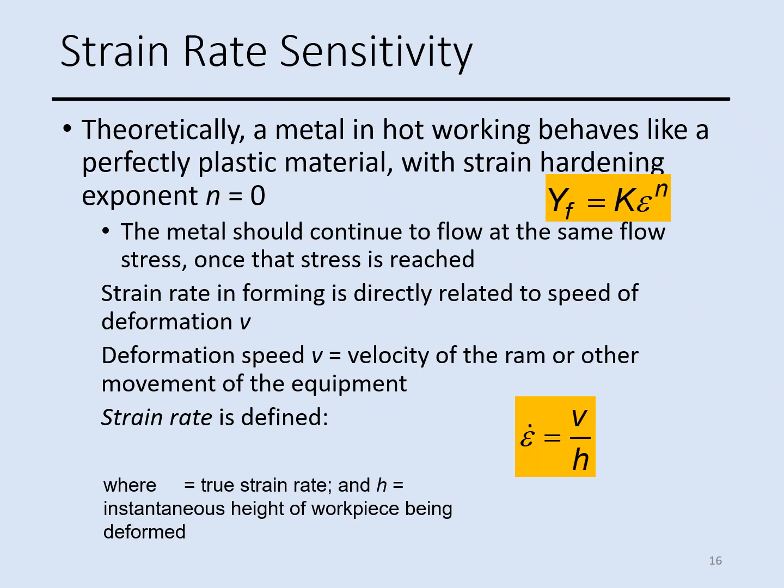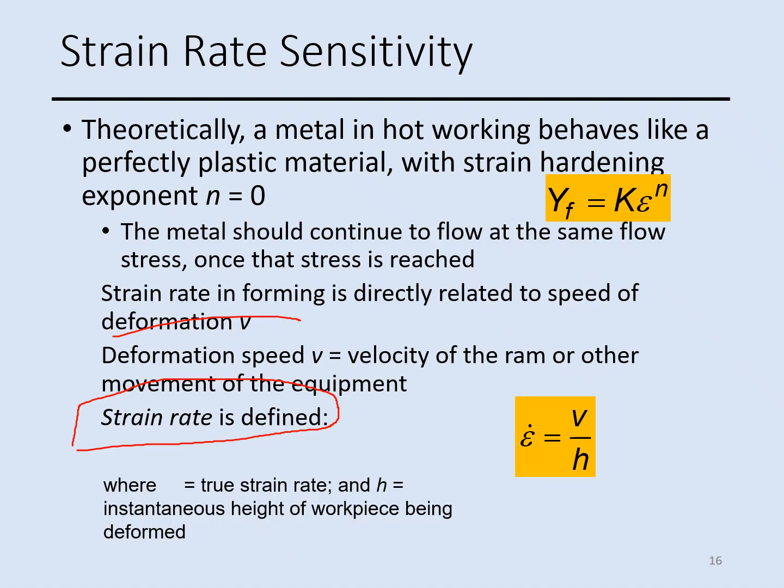Besides the mechanical property, there is another phenomenon that affects the metal forming processes, and it's called strain rate. This strain rate in metal forming is related to the speed of the deformation.